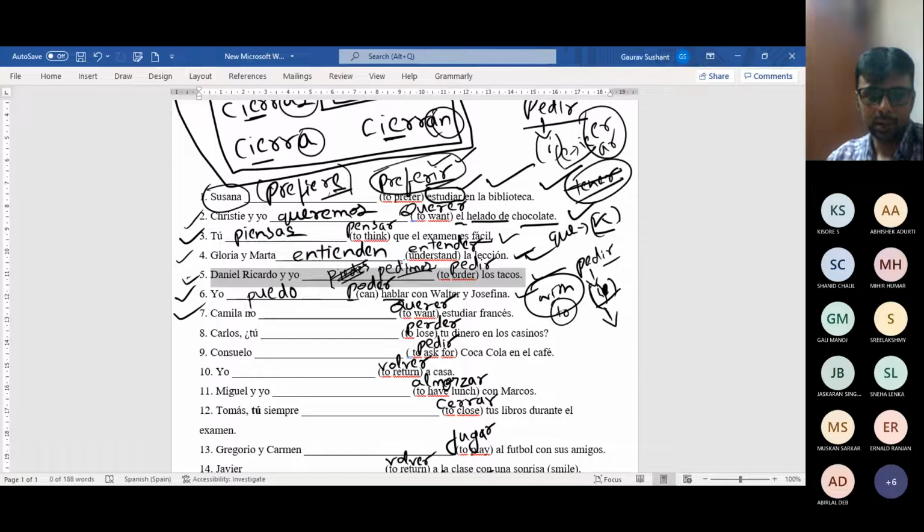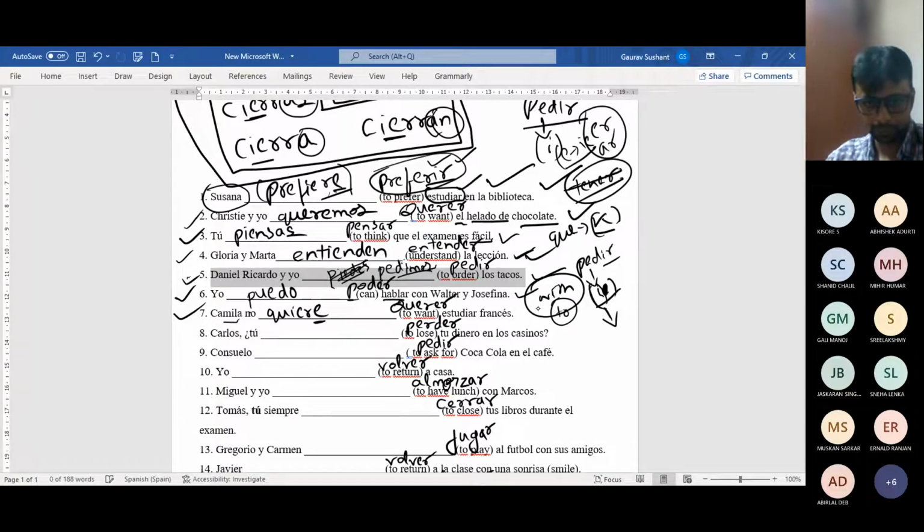Number 7. The verb is querer. Badri Narayan, can you try this one? Camila no quiere estudiar francés. Just a correction in the pronunciation: it is not Camelia, it is Camila.